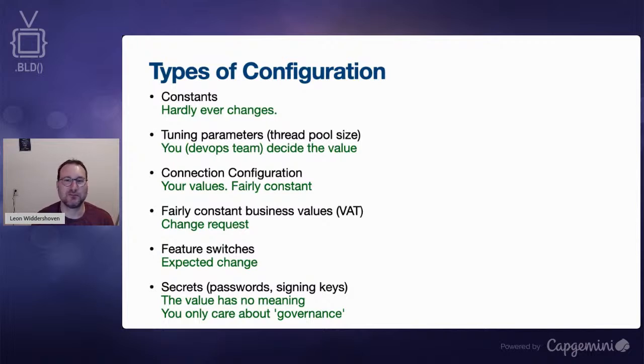The value is just wrong. A thread pool size of 10, maybe it's a lot, maybe it's not, but it has a meaning. A password of top secret, the only thing that says is that I have a really bad taste in passwords. So the password in itself has no meaning. Signing keys have no meaning.